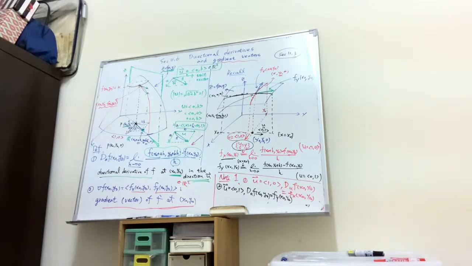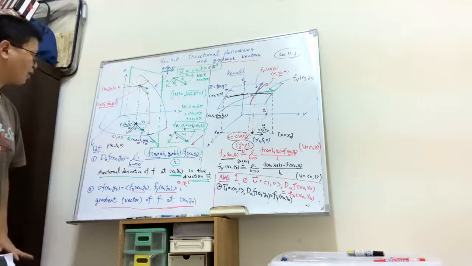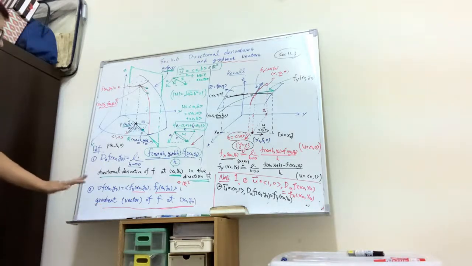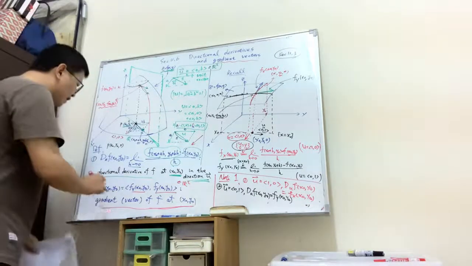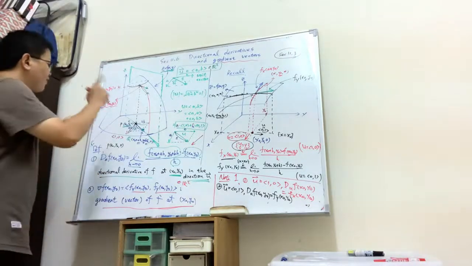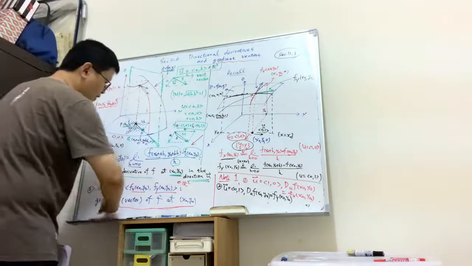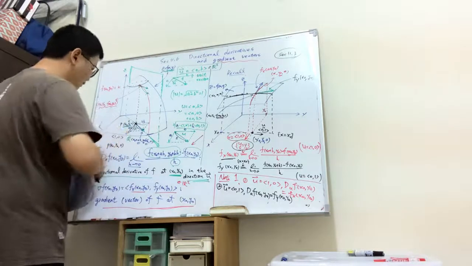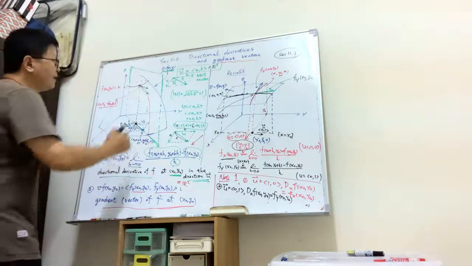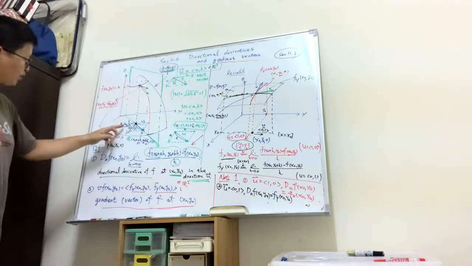In chapter 11, the gradient vector. And what does it mean in the graph? Here I can tell you its meaning directly. We have a function z equals f of x, y, and we have a point x0, y0.